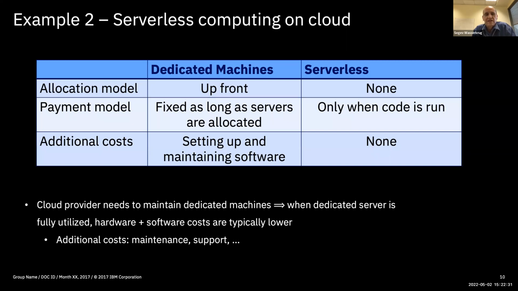The cost is that you pay for that machine whether you use it or not. Just for the fact that you've been allocated the machine, you pay for the machine and the operating system, say a fixed cost per month.